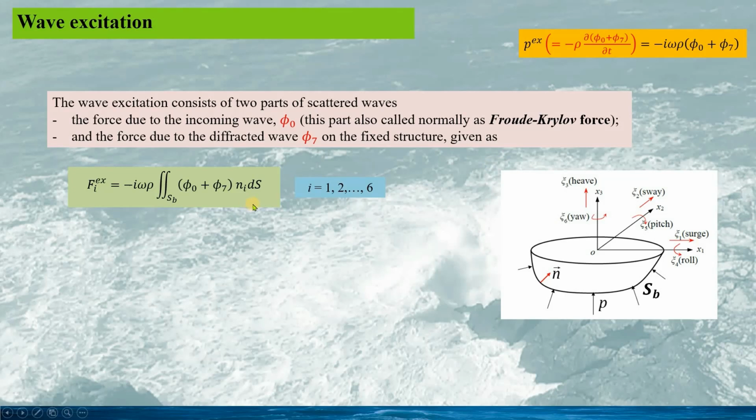So this expression is the direct integral for the wave excitation if the diffraction potential phi7 is solved. Here, the incoming wave potential phi0 is a known function if the wave amplitude and frequency are given.